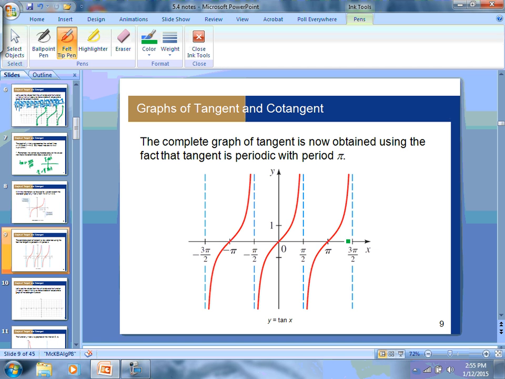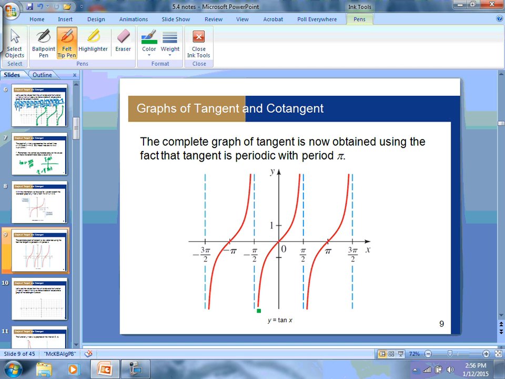To go from pi over 2 to 3 pi over 2, that's a distance of pi. Okay, so every pi, you have one of these little swoopies, I guess you could call it, one of those tangent curves. So you could keep this graph going in either direction, and you could have as many of those tangent curves as you wanted to have.